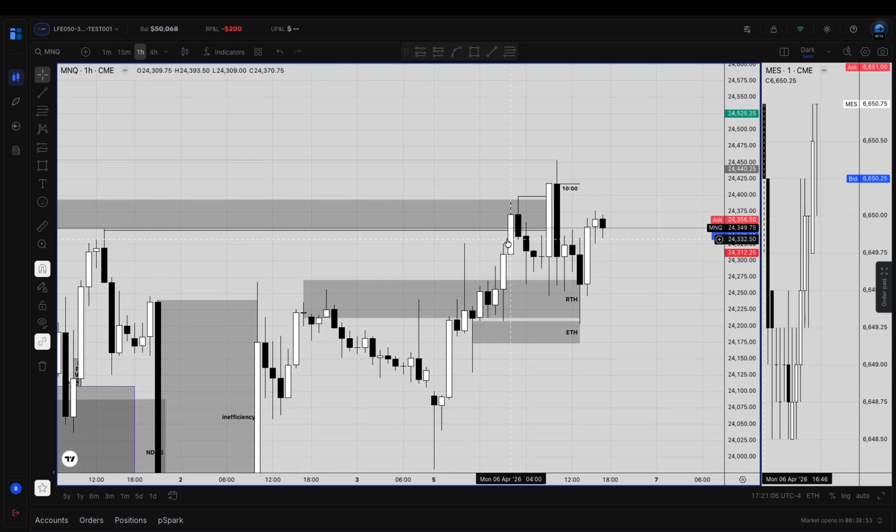The only thing that I'm considering is, if we consider this 10 a.m. candle, this highest point has already been taken. So it reached the potential point, alright?